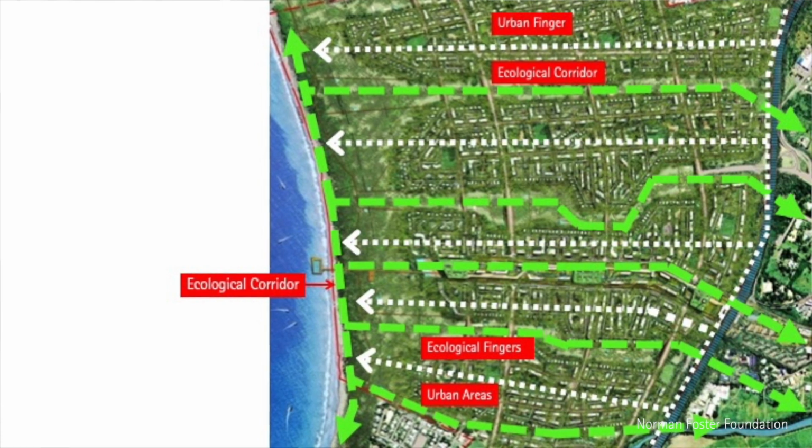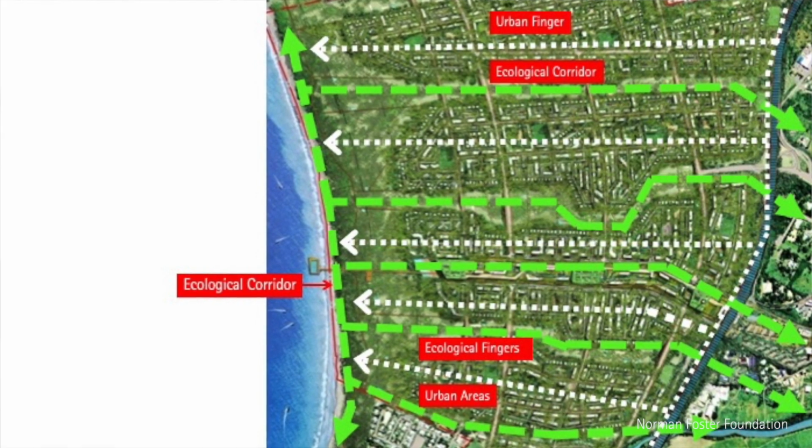On the right-hand side, you can see the urban areas. And so the idea was to weave the green into the urban areas, as you can see in this diagram. And if you superimpose it onto our master plan, you can see how they interrelate with each other.